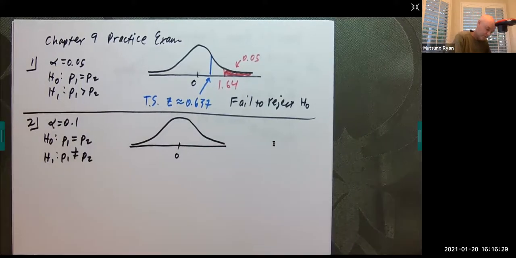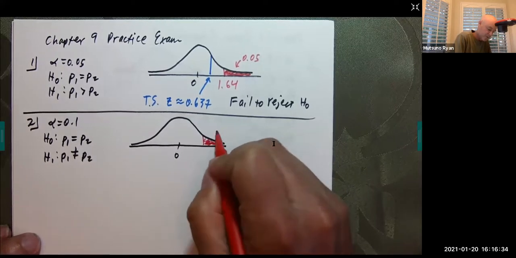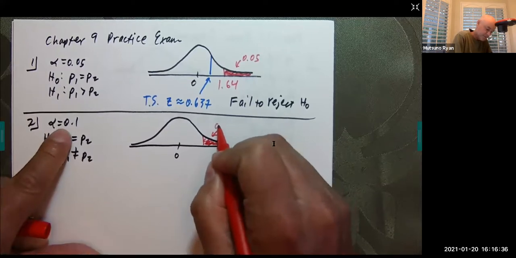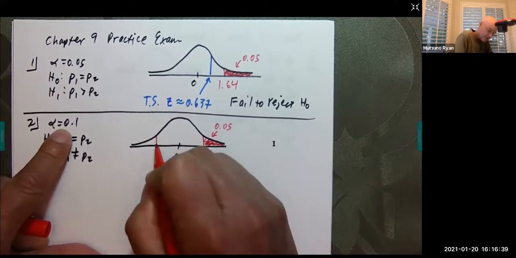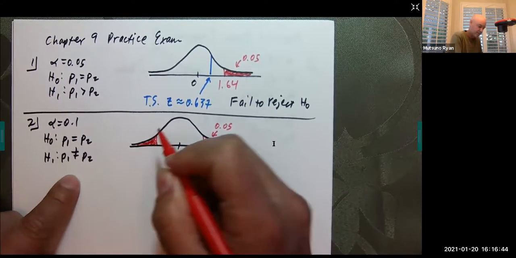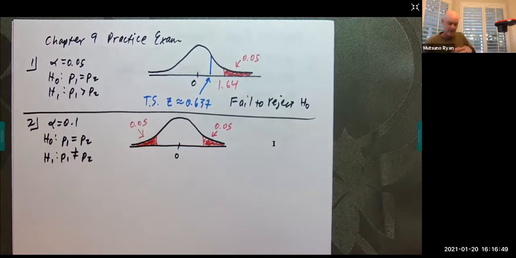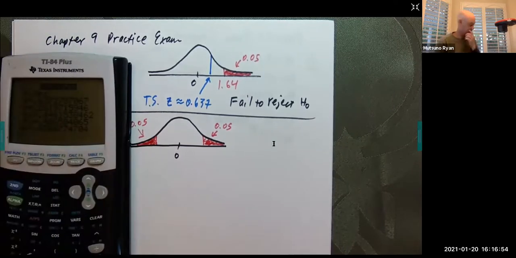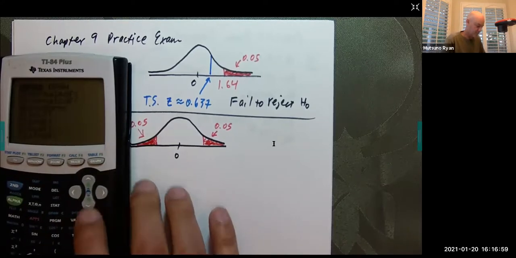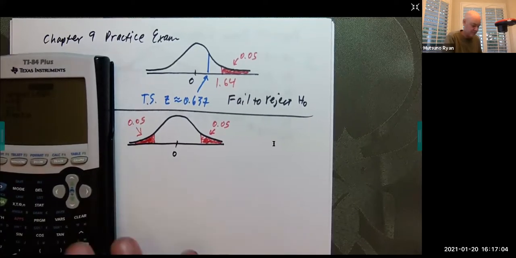Which tells us that we are going to be split up here, where half of this is here. The other half is here. Again, that's because of the not equal to. Now, they want the critical value or values. There's 2 in this case. We can find that by using inverse norm. And here, 0.05, it's area to the left.